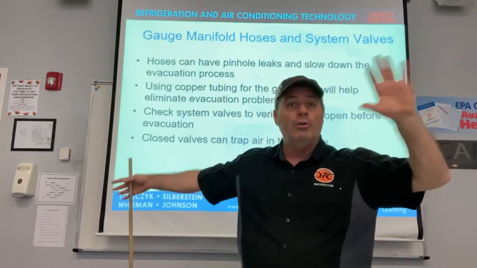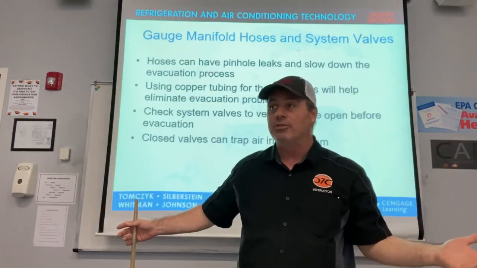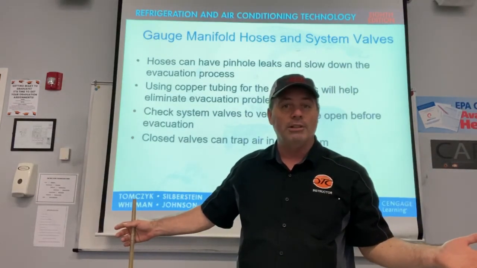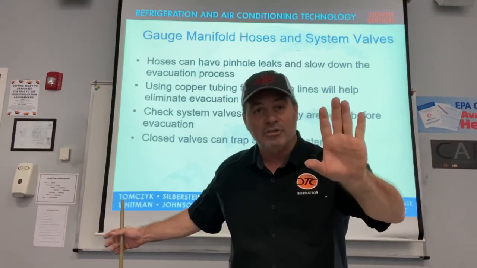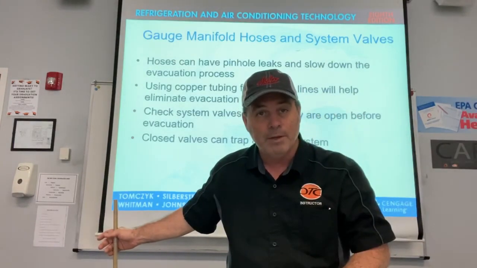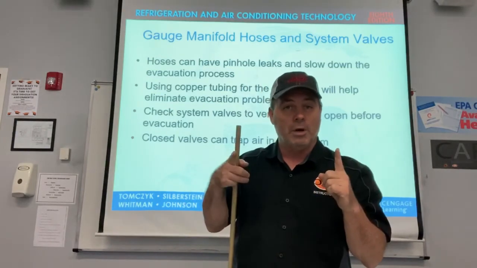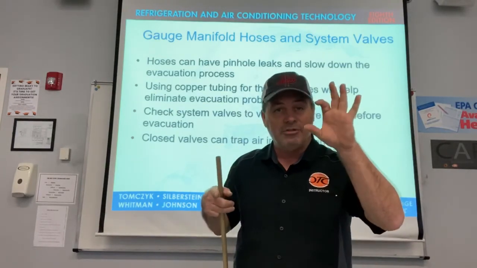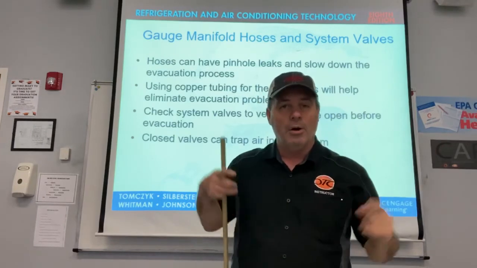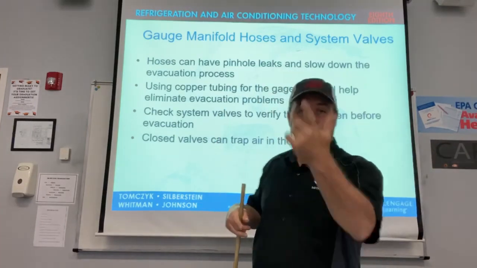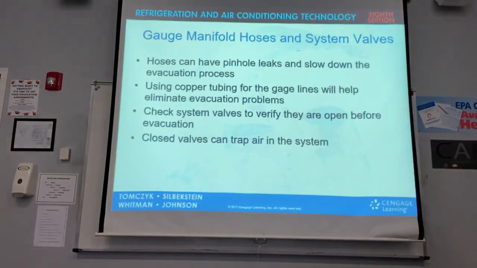A longer hose with a smaller diameter acts like a restrictor. So what's the quickest way to run a good vacuum? The thickest, biggest diameter hose with the shortest run gives you your quickest vacuum, okay?